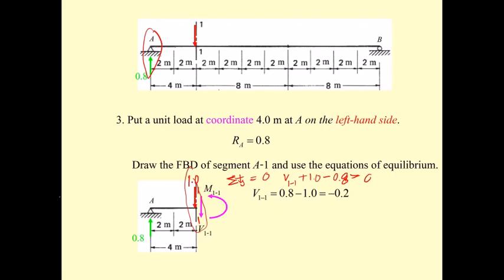And then you do the same thing. Don't bother with it. Take the moment here. So the 1.0 produces no moment. So summation of moment equal to 0, and put this one as positive. So M1-1 is going to equal 0.8 times the length of 4, times 4. So you get the moment of 3.2.